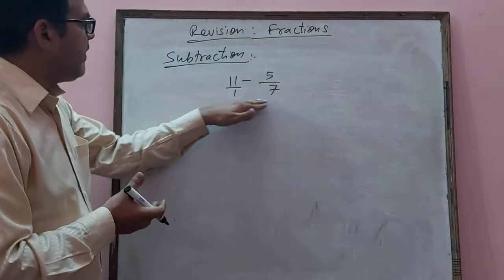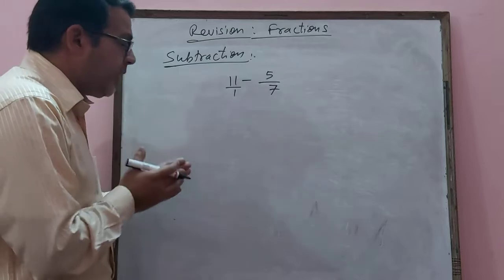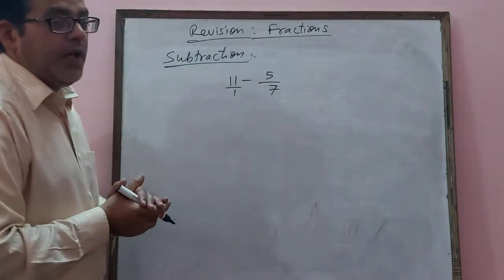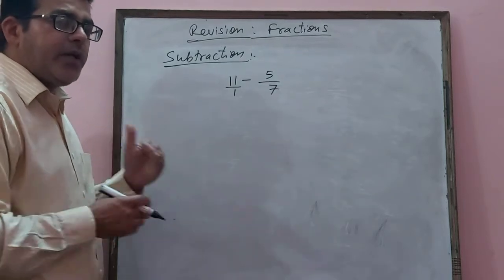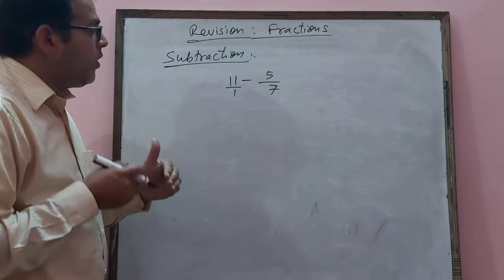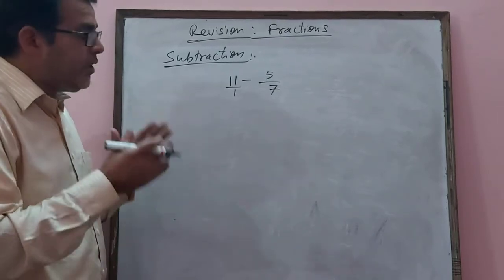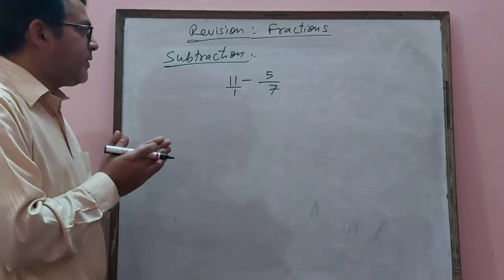Now you can see these two are unlike fractions since their denominators are not same. First one has 1, second one has 7 as denominator. So now the method says that if denominators are not same, then you need to make denominators same. Denominators should be same, then only we can subtract.